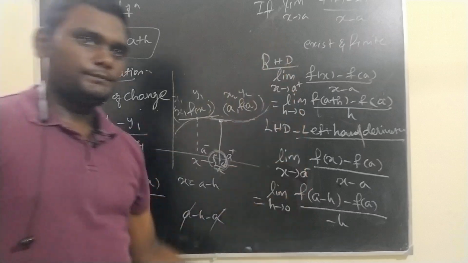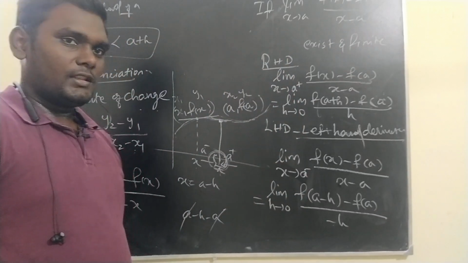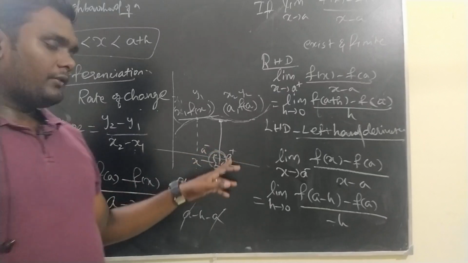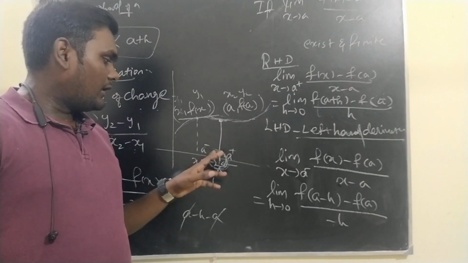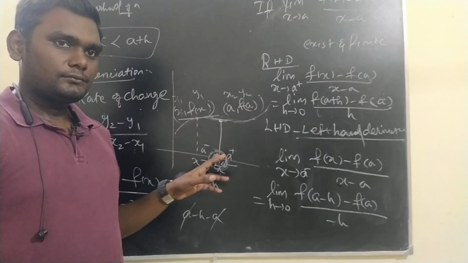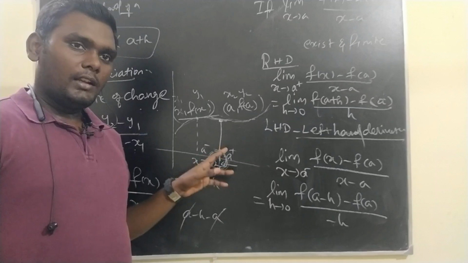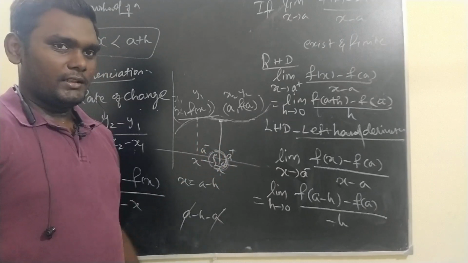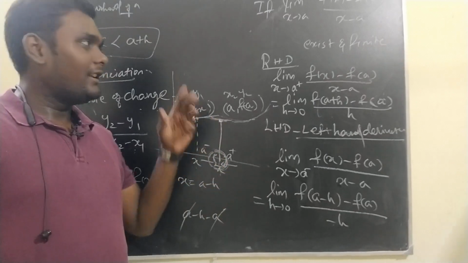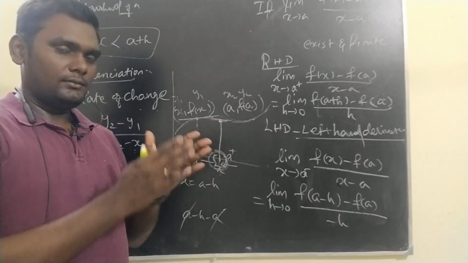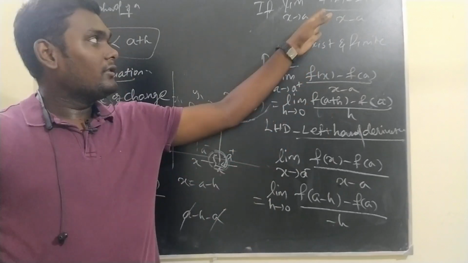Any doubts in this? See, in the neighborhood of a, the function is defined. We need to check whether the function has a derivative at the point or not. For that, if it is directly derivable, like the same function, not having any two outputs, we can use this.